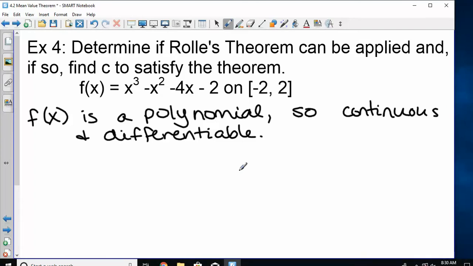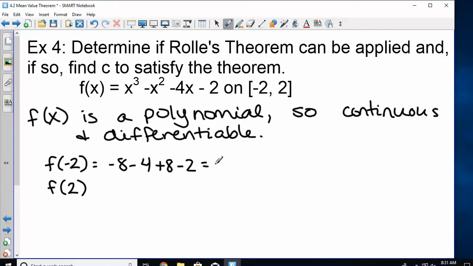Okay, what's the third requirement? So let's plug in our endpoints and see if they give us the same thing. If I put in a -2, -2 to the third is -8, minus -2 squared is 4, minus 4 times -2 is 8, minus 2, and I get -6.